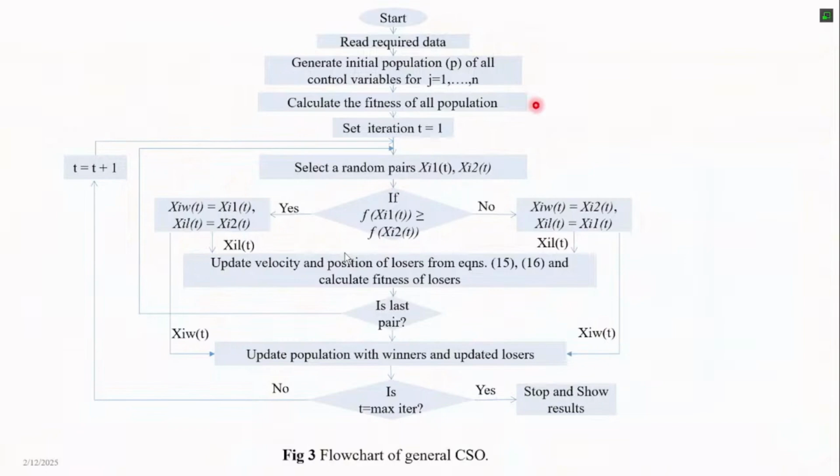If the winner has the higher fitness value, it directly passes to the next iteration. If it is the loser, then what does it have to do? It has to update its velocity and position based on the earlier equations, shown in equation numbers 15 and 16.